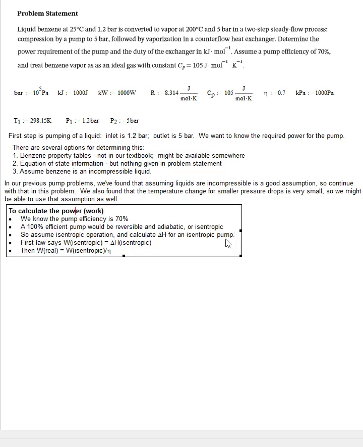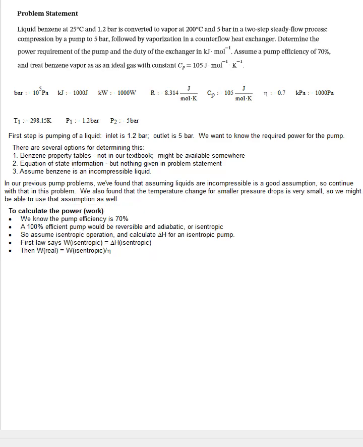We calculate the delta H for the isentropic pump. Then we apply the first law for this hypothetical isentropic process, which says that the work for the isentropic process is equal to the delta H for the isentropic process. And then we apply our efficiency factor. Since work is being required, the real work is going to be the isentropic work, or the ideal work, divided by the efficiency.